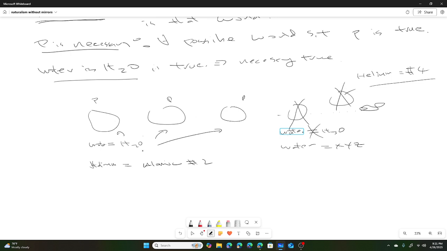So we would deny that; it's no longer part of our consideration. Helium having atomic number two is an essential property of what it is to be helium. So we would deny any world in which helium doesn't have the property of having atomic number two.